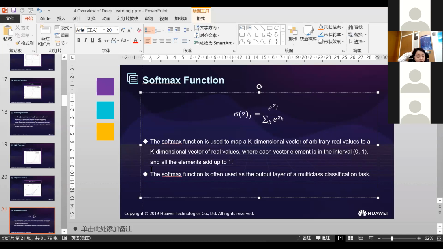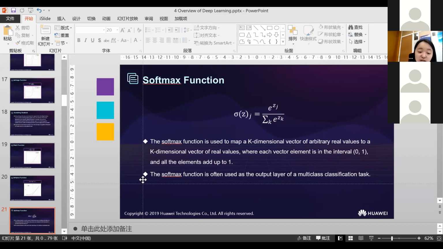The elements in the original vector may be minus 1, minus 10, minus 100. That is the score for the corresponding class, and we use the softmax function to map all these elements into the interval 0 to 1.